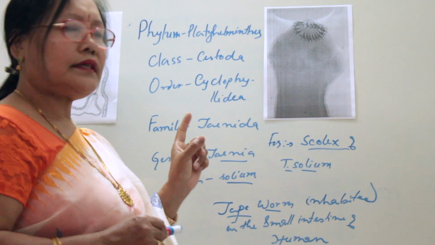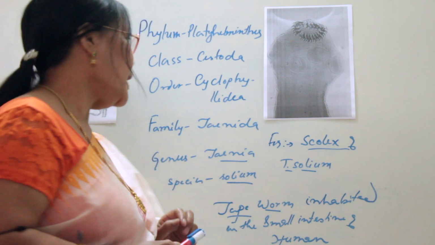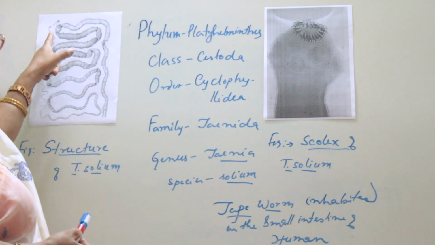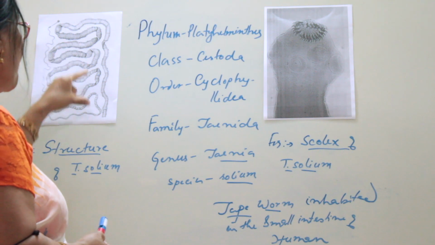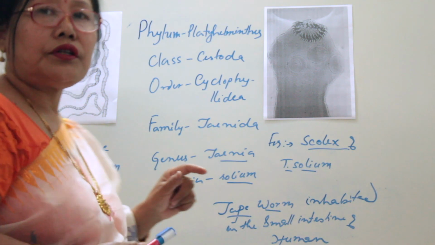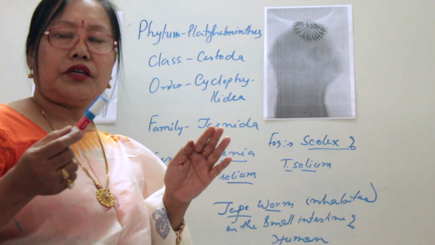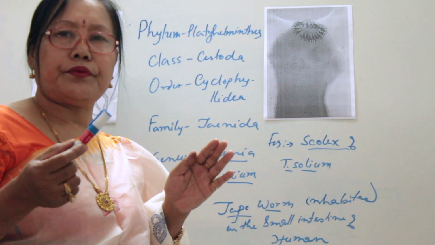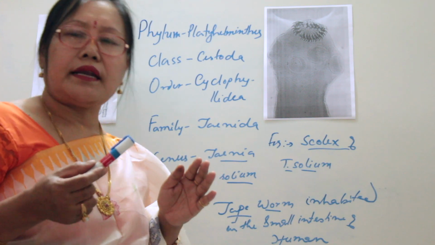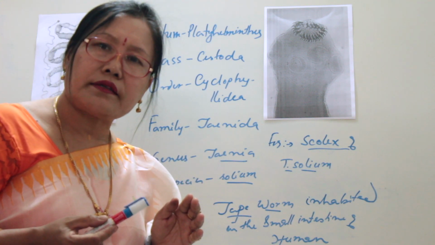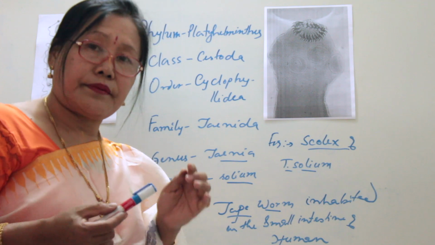Next to the head region is the small neck, and this neck region is joined with the long strobila. This long strobila is provided with different segments, and these segments are known as proglottids.